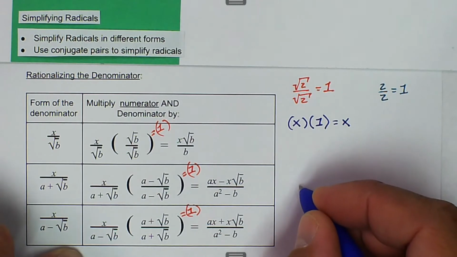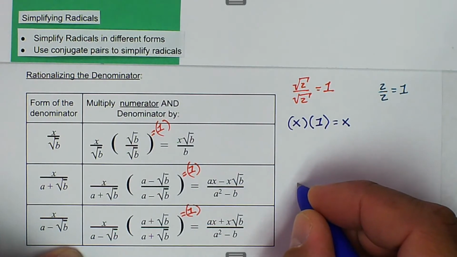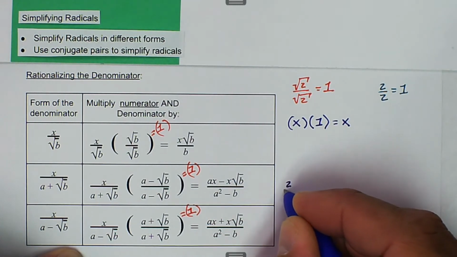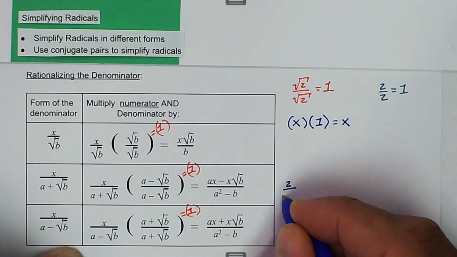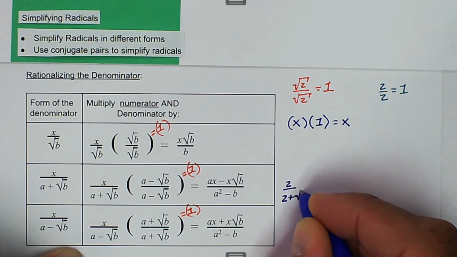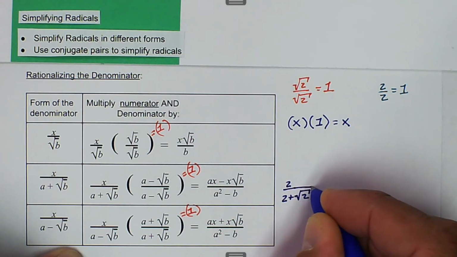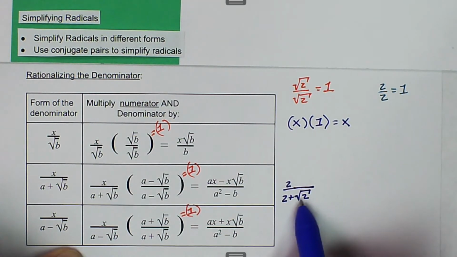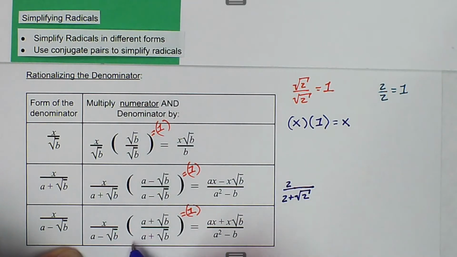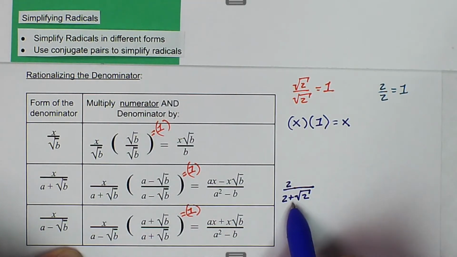So if we had in the denominator, we'll say 2 over 2 plus the square root of 2. We don't want that square root of 2 in the denominator. So we're going to multiply by the conjugate pair. So conjugate pair says same two terms of the binomial, but change the sign in between.